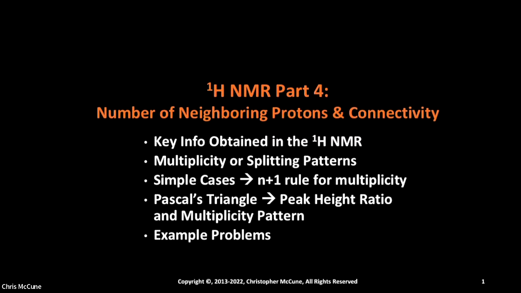We'll look at Pascal's triangle to use as a reference for peak height ratio when you look at the fine structure within each signal, the fine splitting patterns. And you can use Pascal's triangle to sense whether it's a 1-to-1 peak height ratio or a 1-to-2-to-1 or 1-to-3-to-3-to-1, depending on what peak pattern you have. And then we'll do a few example problems.